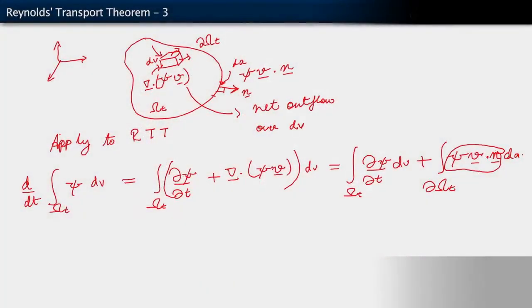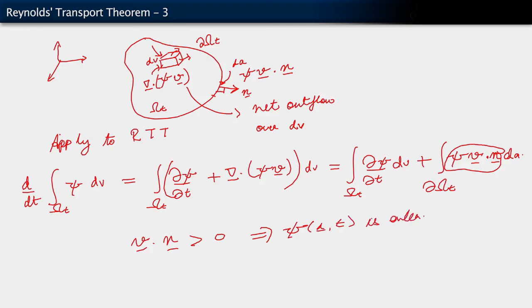Again, our term v dot n acts to tell us that where v dot n is positive implies that psi of x comma t is sort of entering the body.